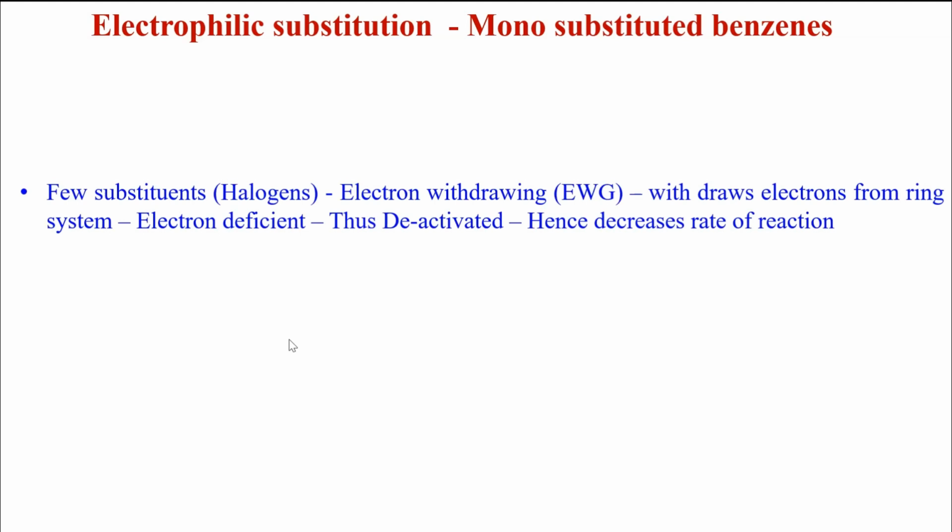Today's subject of discussion is the effect of another electron withdrawing group, the halogens. When the halogens are there as a substituent on the benzene ring system, they withdraw the electrons, make the system electron deficient, deactivate it and decrease the rate of the reaction.